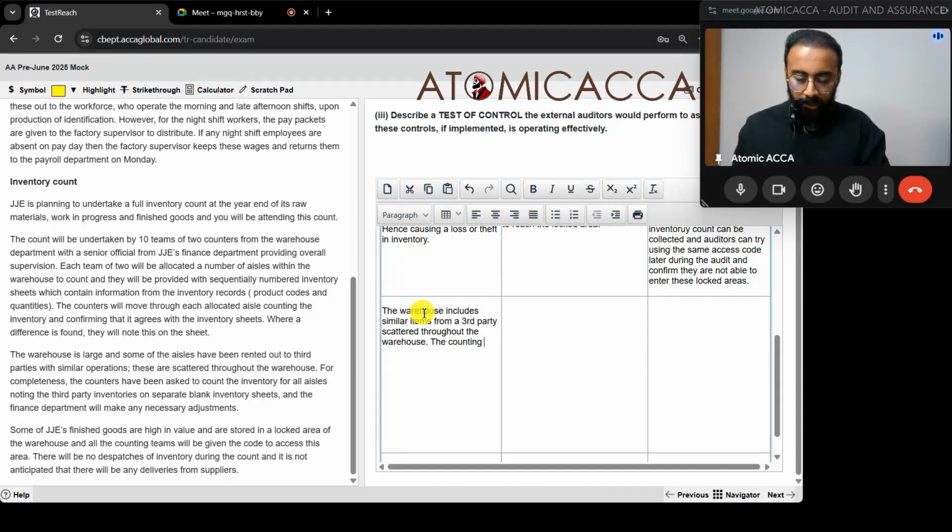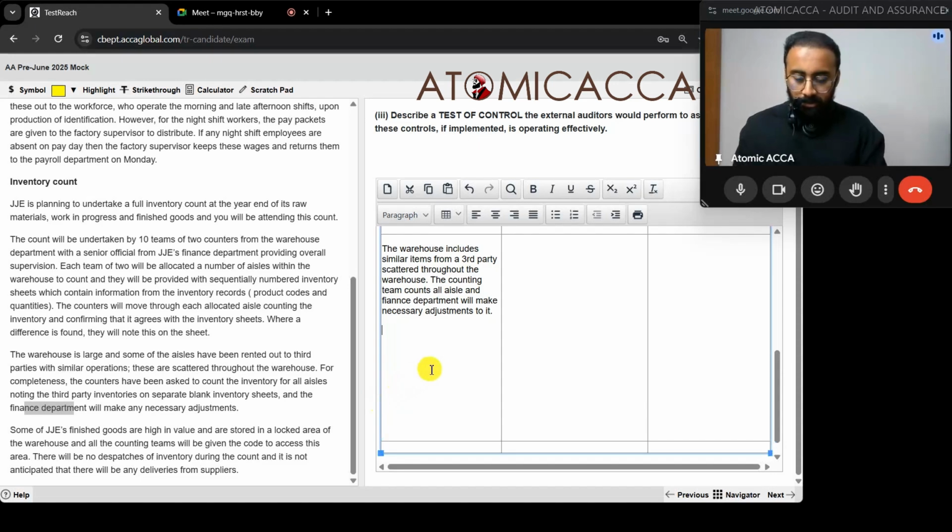The counting team counts all aisles, and who makes the adjustment? The finance department. Okay, and the finance department will make the necessary adjustments.